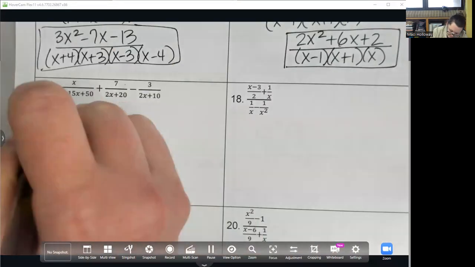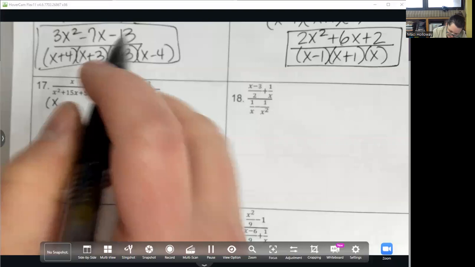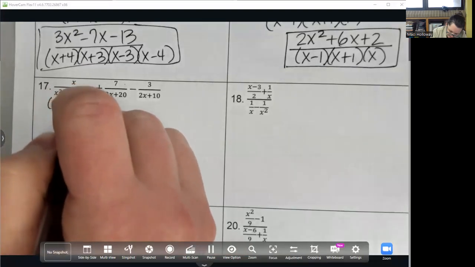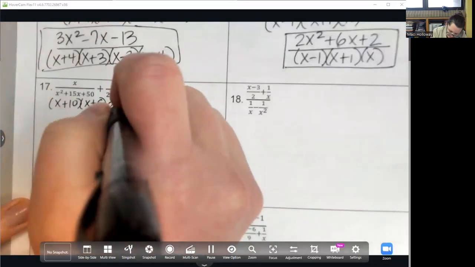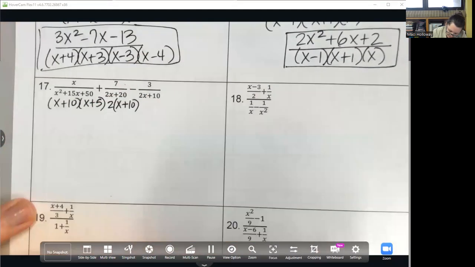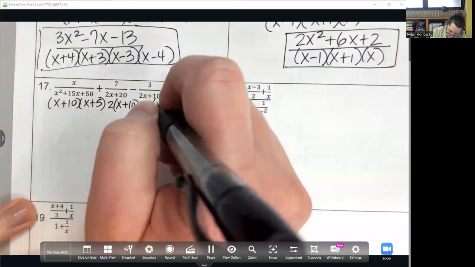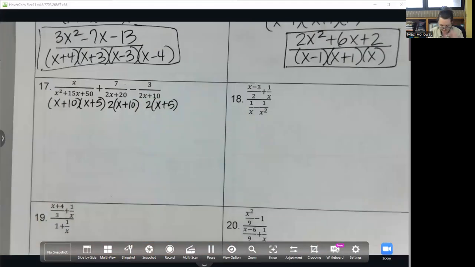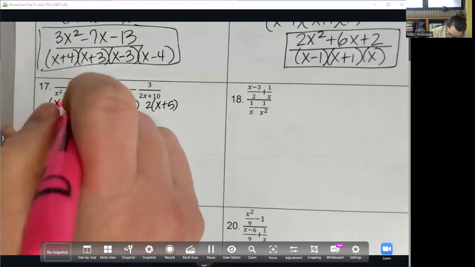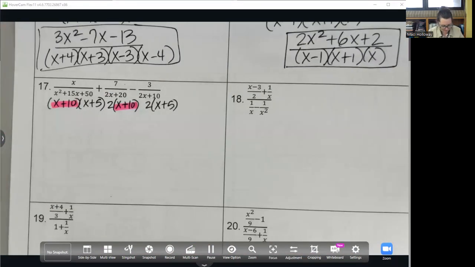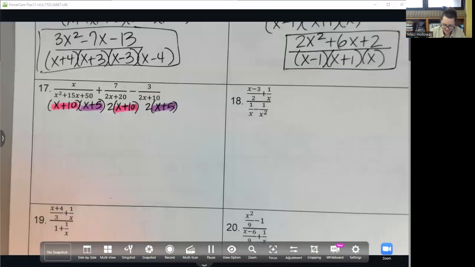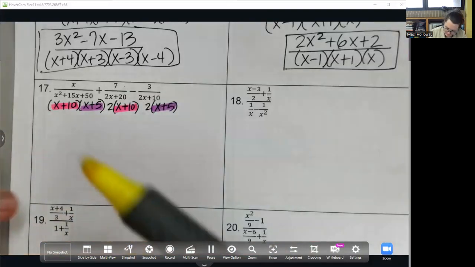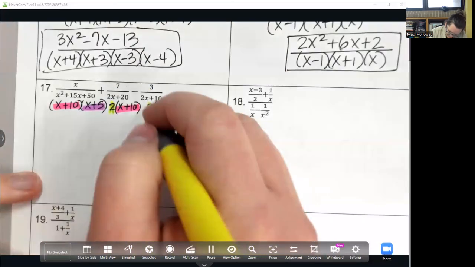Let's factor. So we have x, let's see what multiplies to get 50, 10, and 5. X plus 5. Here we can factor out a 2. We can factor out a 2 here as well. Okay, so colors, if they help, let's use them. We have an x plus 10 there. That's great. We have some matching things. 5 and 5, and 2 and 2.